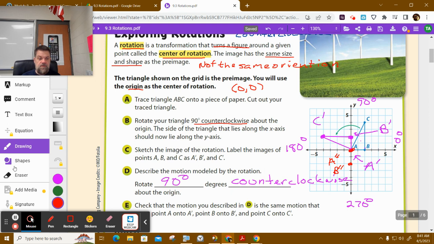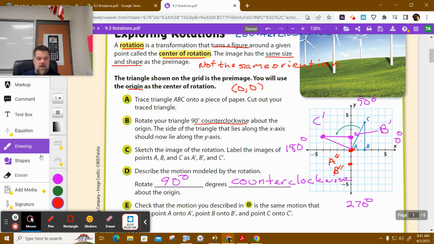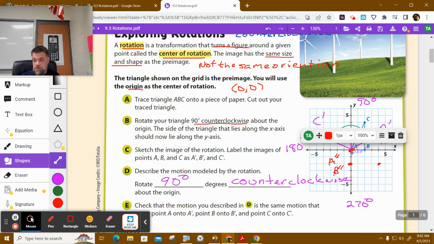I'm going to move my A prime. Can I erase this? Yeah, let me move that so it's kind of out of the way. How can I do that? Let's do it like this. A prime. And then C prime rotates around 90 degrees, which is 4 units this way. 1, 2, 3, 4. That's the tough part. Obviously, Mr. Adams has had a lot of practice with this, but that's the tough part. Oh, that's the wrong color.